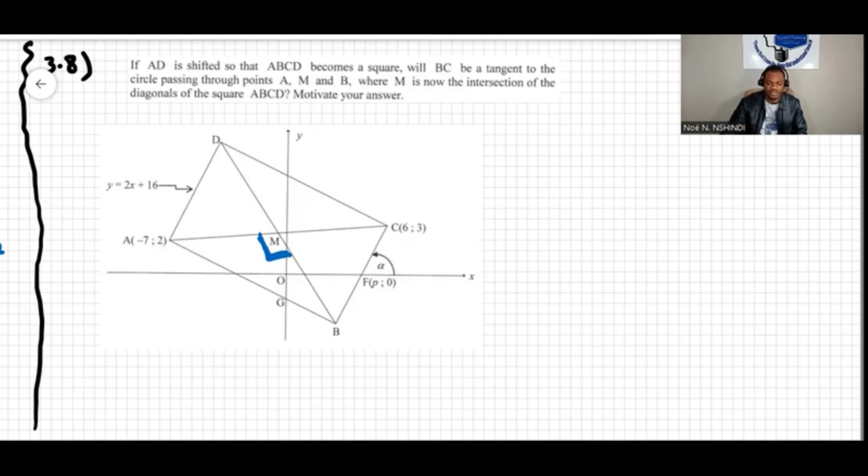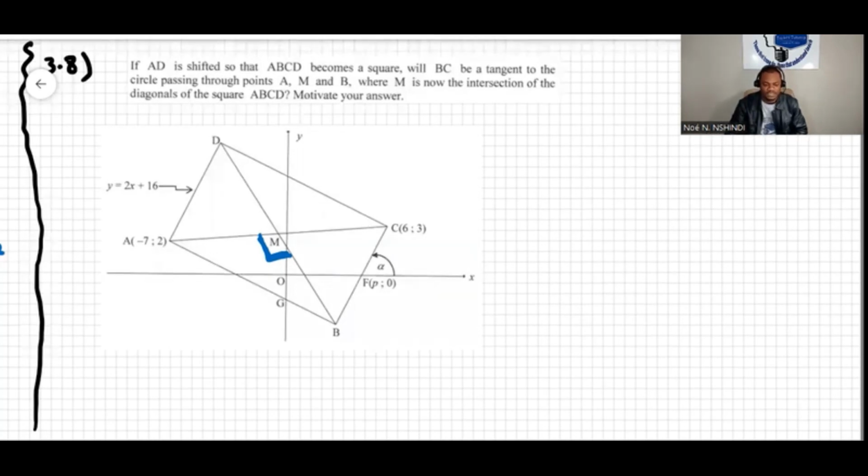The diagonals of a square are perpendicular, they bisect each other. So this will be a 90-degree angle.